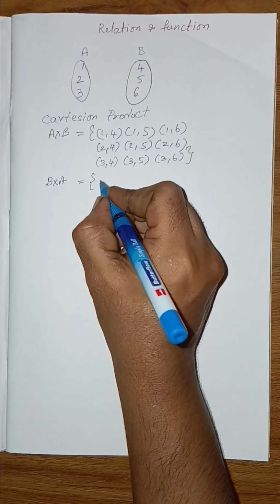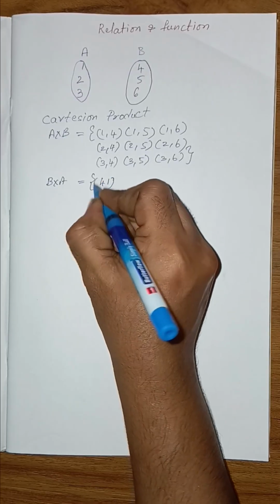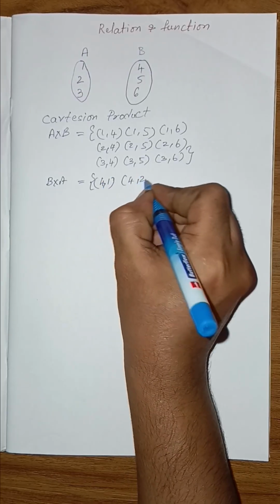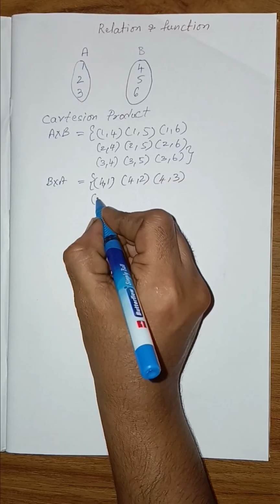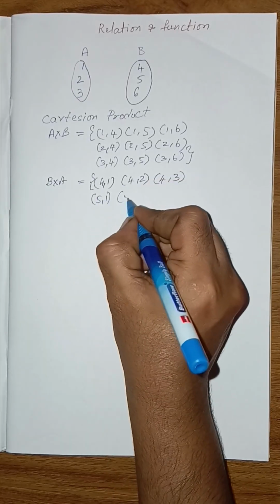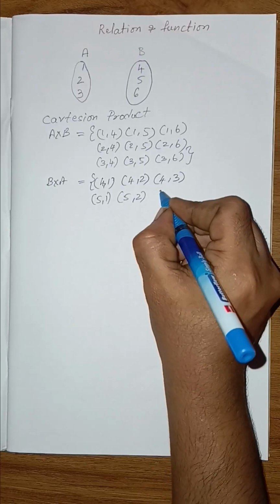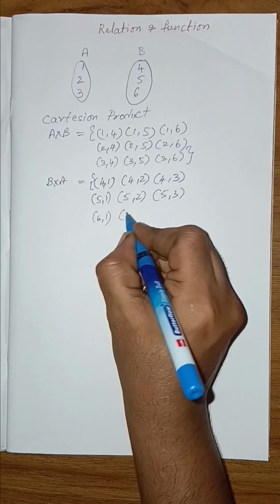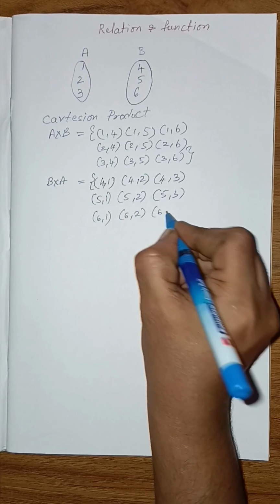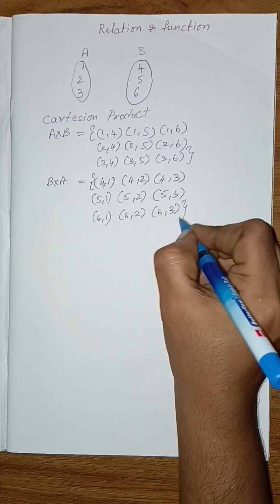So the way we write is 4 comma 1, 4 comma 2, 4 comma 3, 5 comma 1, 5 comma 2, 5 comma 3, 6 comma 1, 6 comma 2, 6 comma 3.